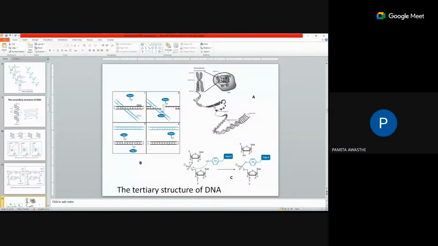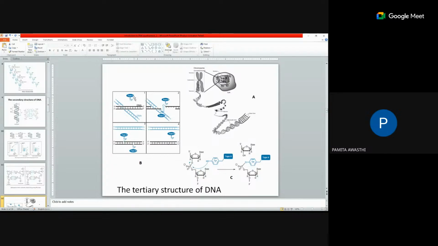DNA has to perform a number of functions, replication, transcription, etc. So this process of uncoiling, coiling, supercoiling requires action. There is a family of enzymes, but the main process requires the action of the family of enzymes called topoisomerase.